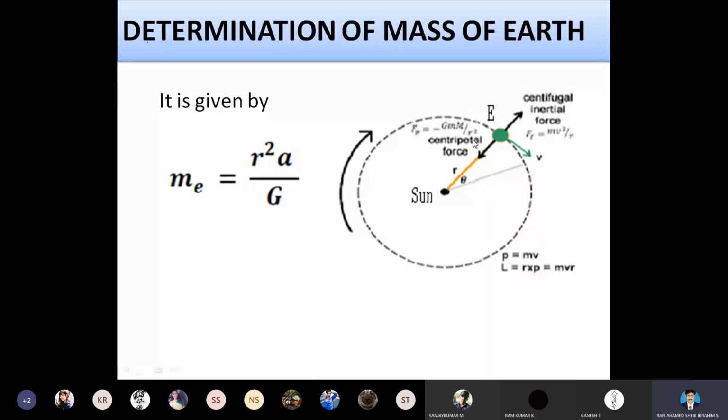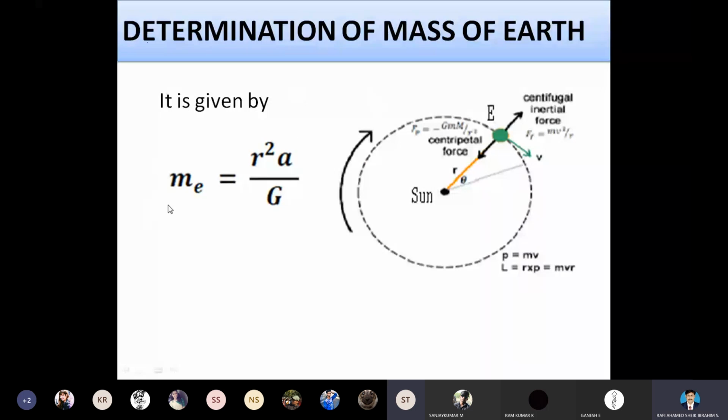The force of attraction between two bodies in a straight line is directly proportional to the product of the masses and inversely proportional to the square of the distance. This is Newton's universal gravitational law. From it and Newton's second law, we formulated M E is equal to R square A by G.